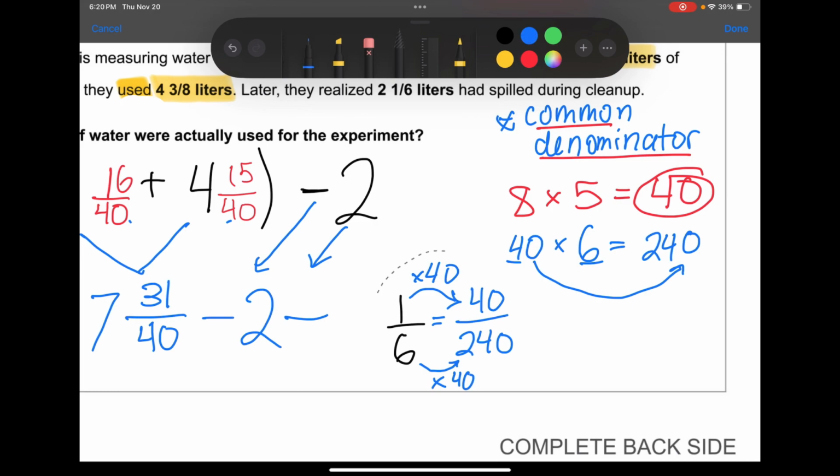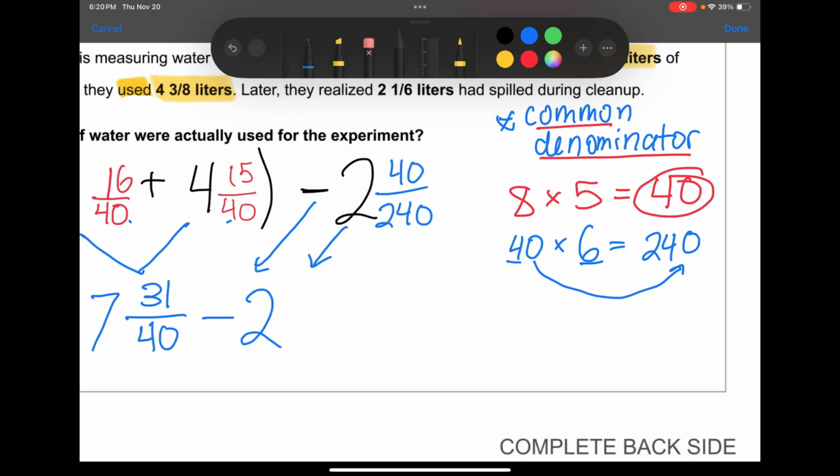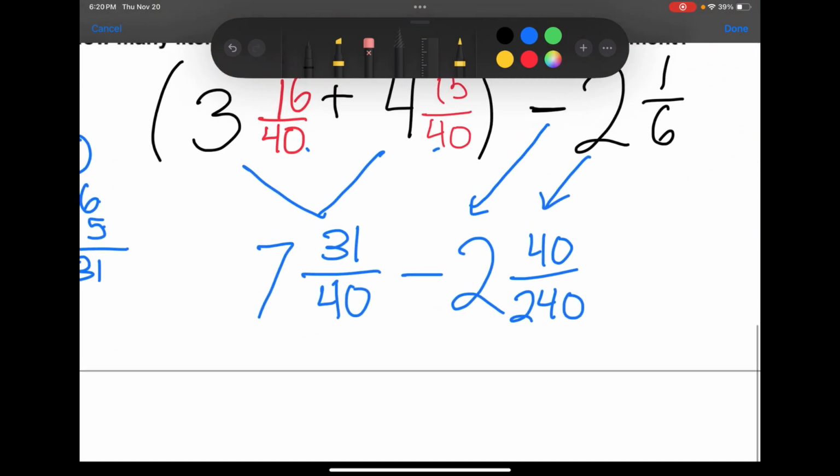Very good. So I'm going to take this fraction that was 1/6 and change it to 40 over 240.